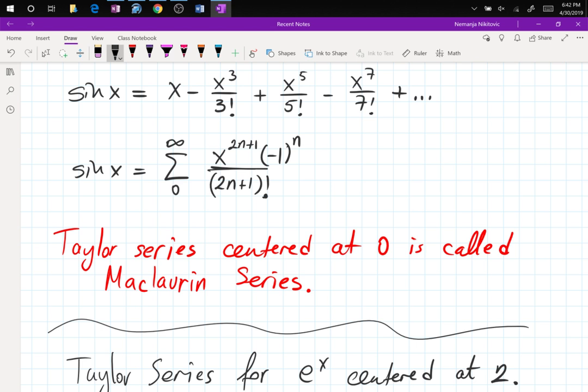So, the idea of these power series is to take your function, which is your transcendental function, like logs and e's and sines and cosines and hyperbolics, and turn them into a polynomial, which you can easily differentiate and integrate.